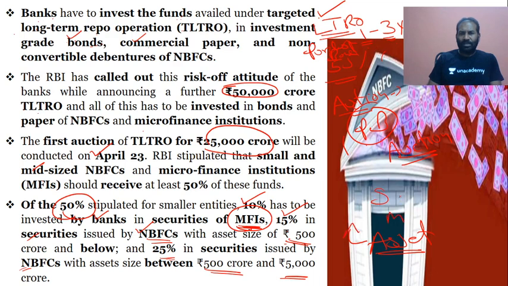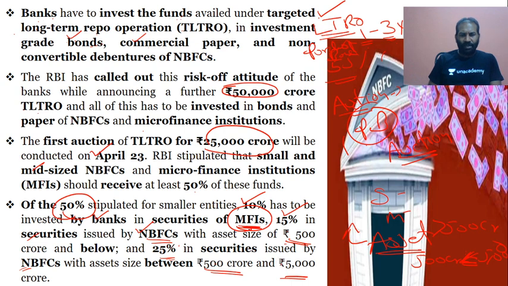Depending upon that asset value, whether it is 500 crores or below, or between 500 crores and 5000 crores, the 25 percent auction has to take place.